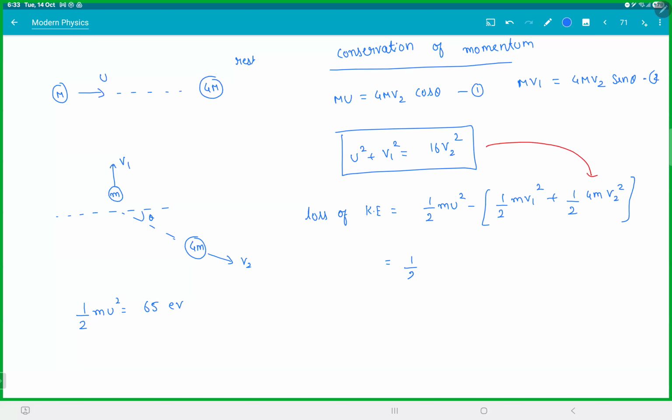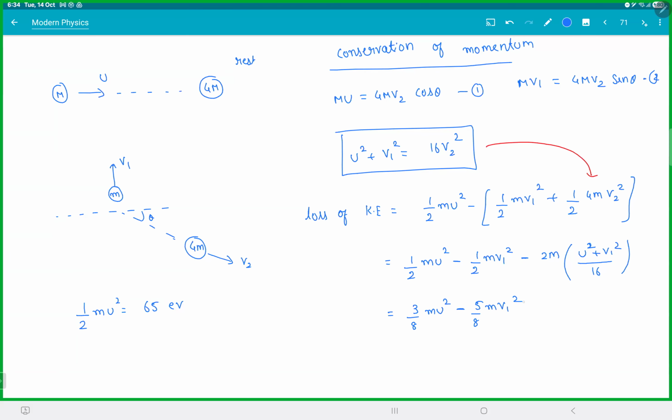This would be half mu square minus half m v1 square minus 2m v2 square, which will be u square plus v1 square by 16. That will be half minus 1 by 8, that will be 3 by 8. Half plus 1 by 8 will be 5 by 8 mv1 square.